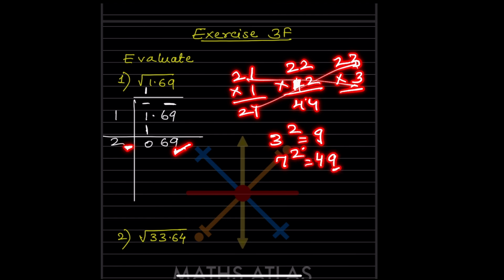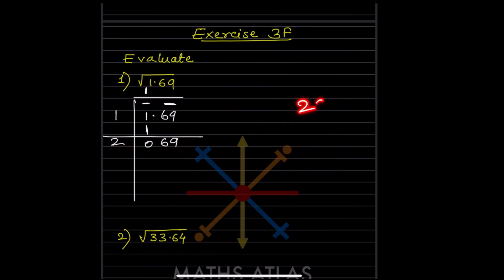Where do you get 9? Either in 3 or 7. So let us see for 23, because of 3, we get it here itself, so you don't have to think of this 7. So 3 times 23 is 69. So this should be 0.